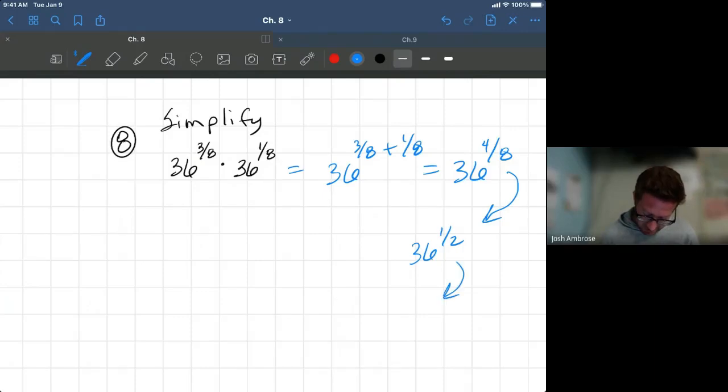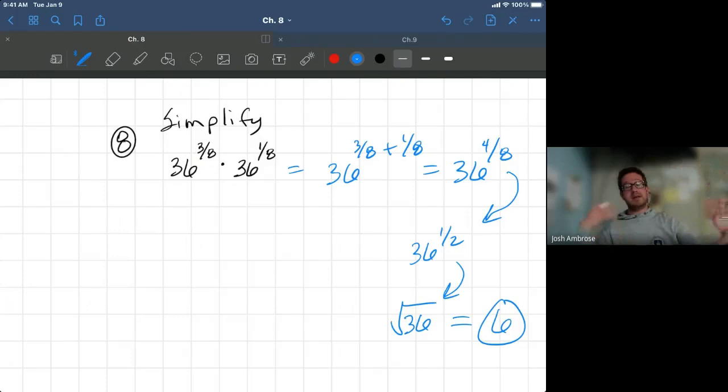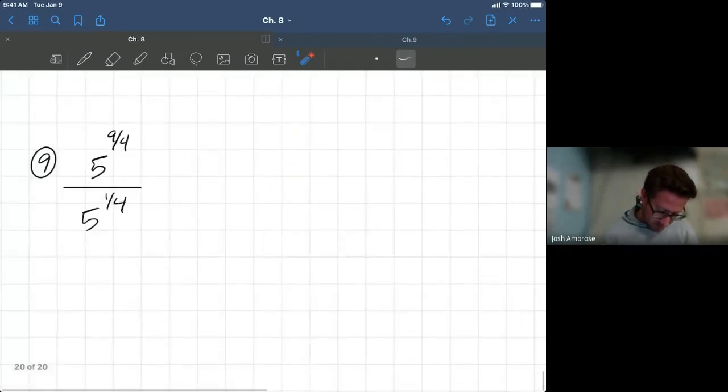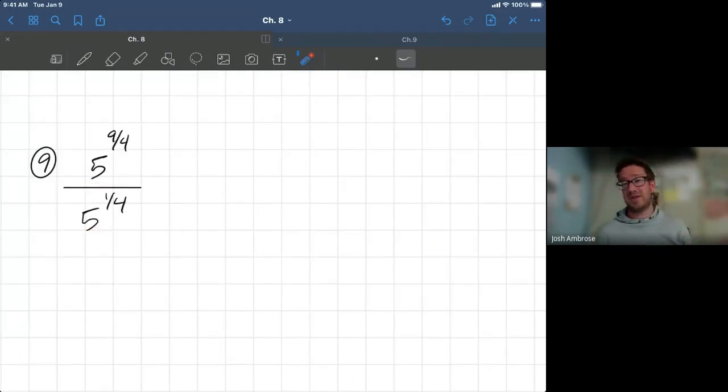This is now actually saying square root of 36, which equals 6. So all of that right there, what I did was I used some simple multiplying with exponents. That's what we started with. Add your exponents. Then you have a fractional exponent. You got to reduce it. Once it's reduced, simplify further if possible. Anything to the 1/2 is the same thing as square root, and it does work out perfectly with that square root.